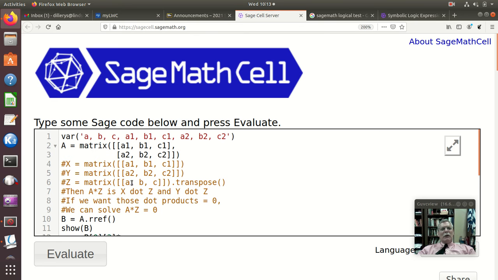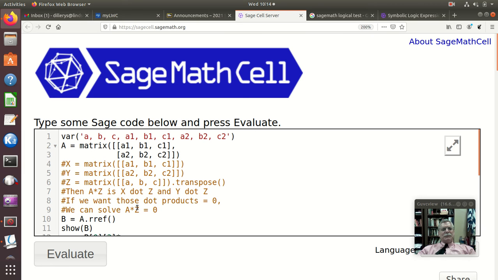Well, because we said we wanted a third vector here, ABC, that is orthogonal to the other two. So if I want X dot Z to be 0 and Y dot Z to be 0, then that's the same thing, the way I've set this up, as solving the homogeneous problem of A times Z equals 0. Because when I take A times Z, the first component is going to be X dot Z, and the second component is going to be Y dot Z, and I want them both to be 0.